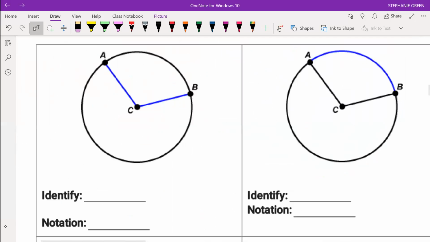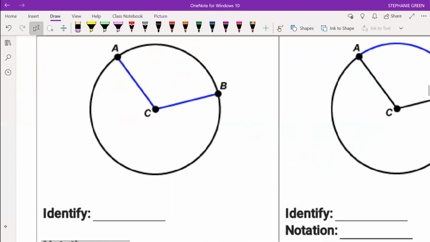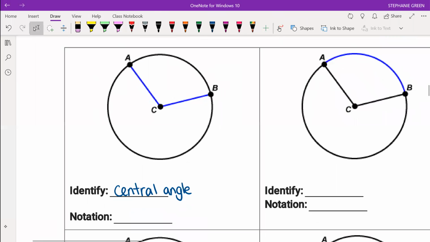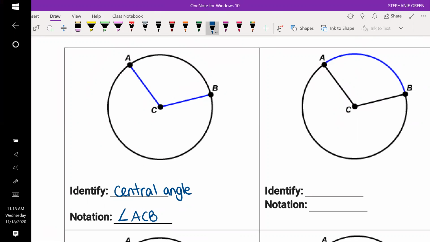Notice in each of these pictures, we have something highlighted. In this case, the piece that's highlighted in blue is a central angle. It's an angle whose vertex is at the center point C. And how do I name an angle? Back to Unit 1, I would call this angle ACB, or I could call it angle BCA.